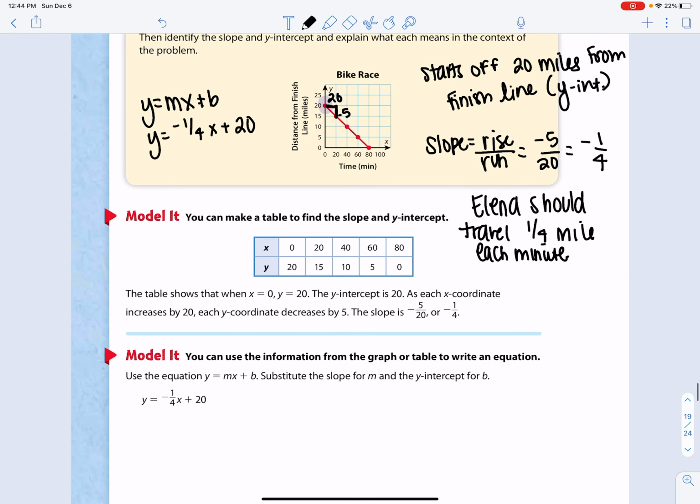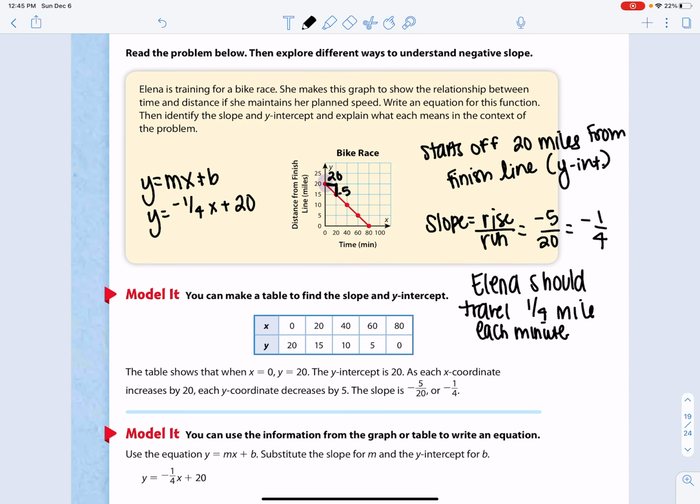All right. So again, our y should represent the distance from the finish line, which you can just get from the graph, super easy, because the y-axis represents the distance from the finish line in miles.